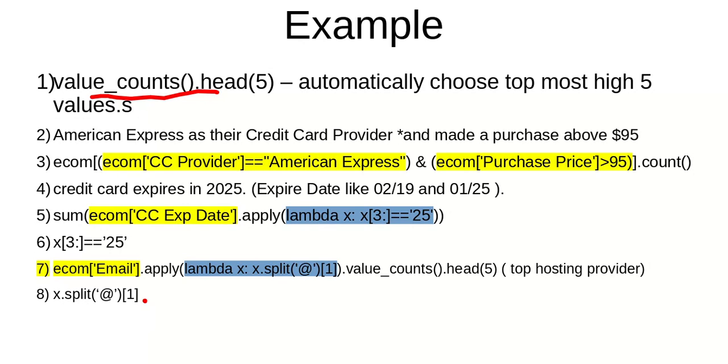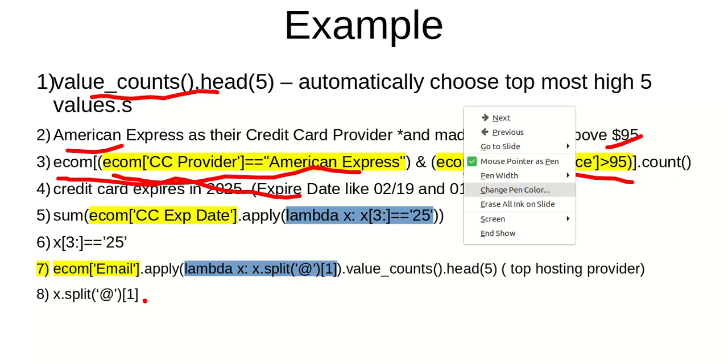Make it one: e-commerce American Express provider and e-commerce purchase greater than 95. If both match, meaning both conditions are true, it will get this value and count. It will count how many are present, and finally list it out.